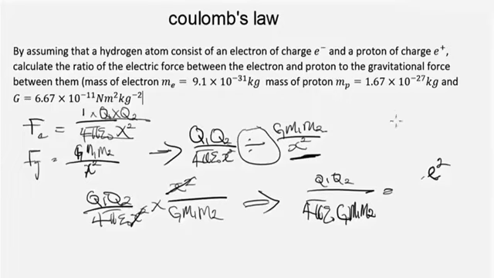So we'll have e squared over 4 pi epsilon naught G M1 M2.